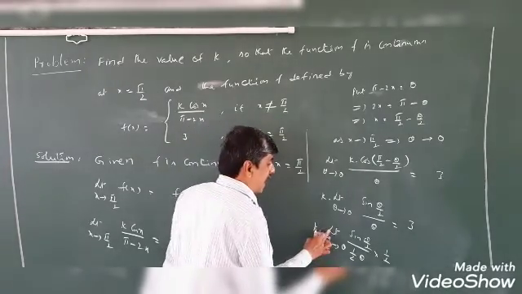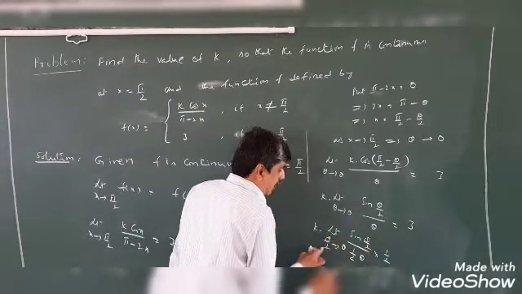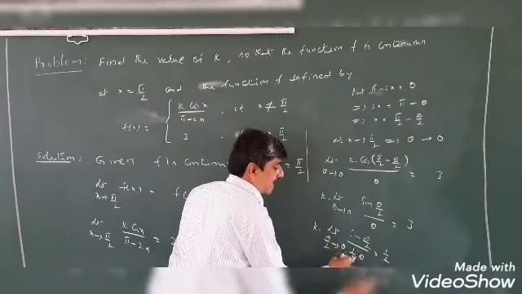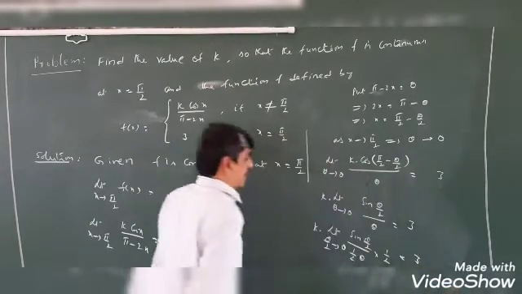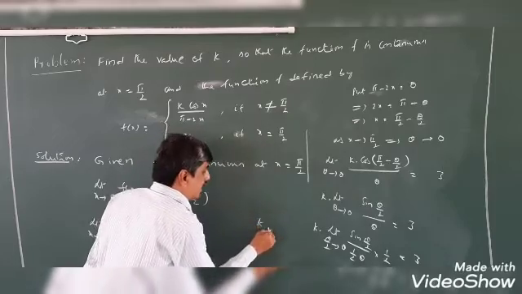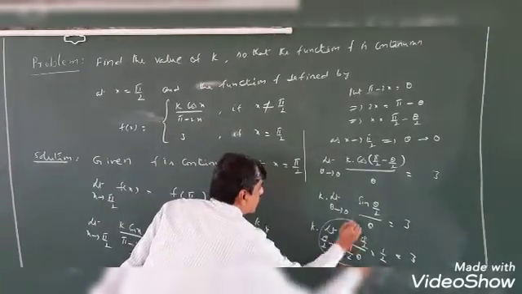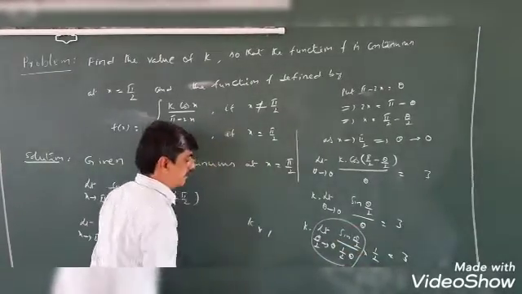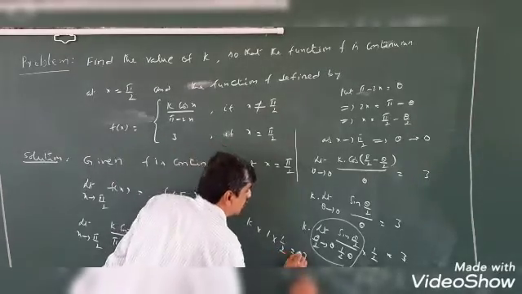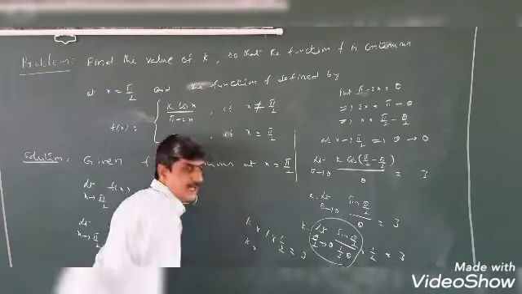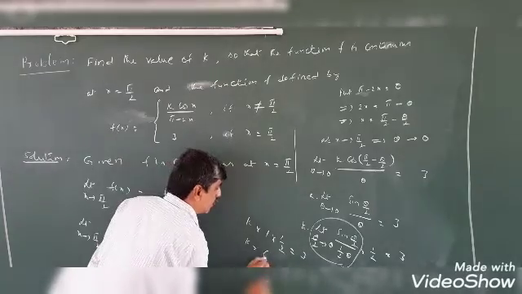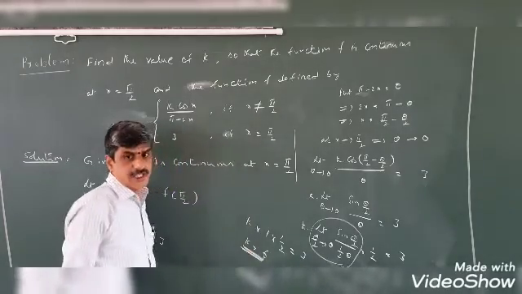From the standard formula, limit x tends to 0, sin x by x value is 1. So using that, k into 1 into 1 by 2 is equal to 3. To find k value, shift this side. So 2 into 3 is equal to 6.